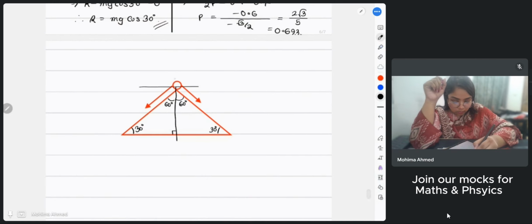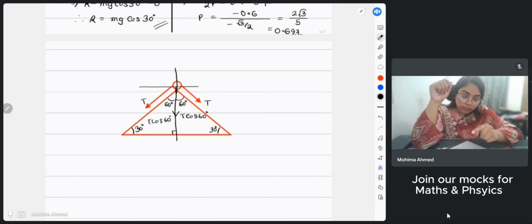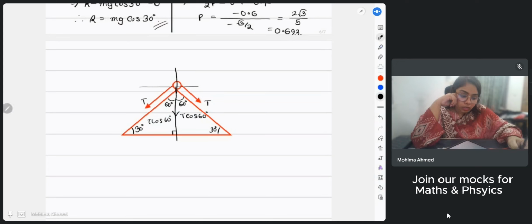right, this tension in the downward direction is going to create T cos 60 degrees, and this tension is also going to create T cos 60 degrees. So on the pulley, there's a downward force acting of 2T cos 60 degrees, right? Because there are T cos 60 degrees plus T cos 60 degrees. At the end of the day, it's obviously going to add up together.